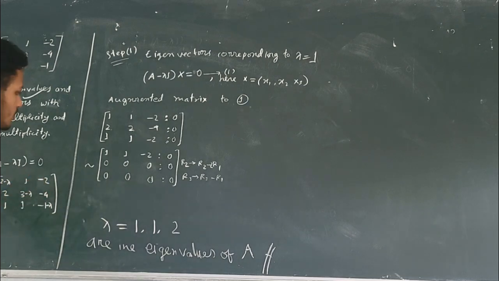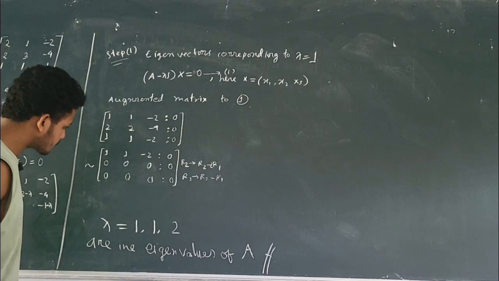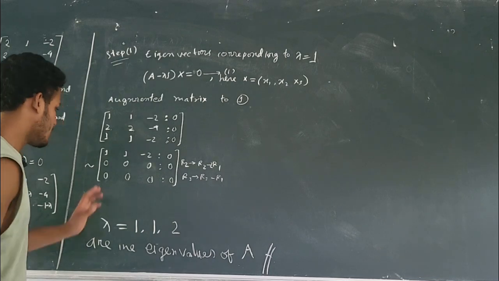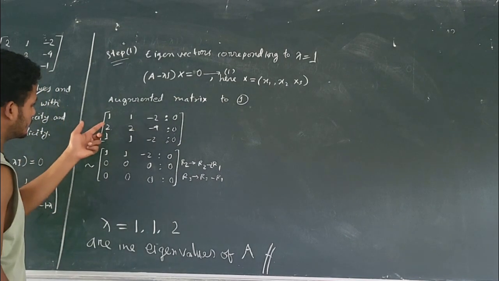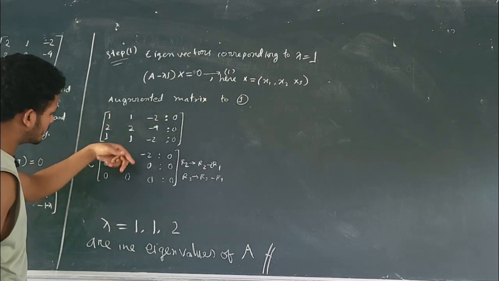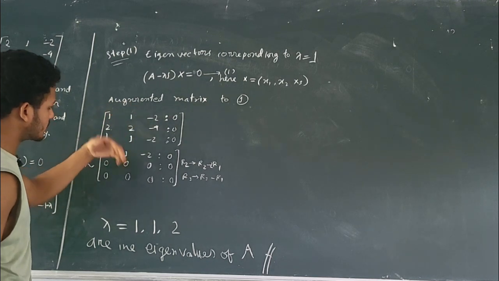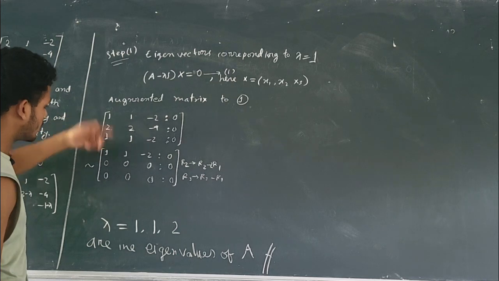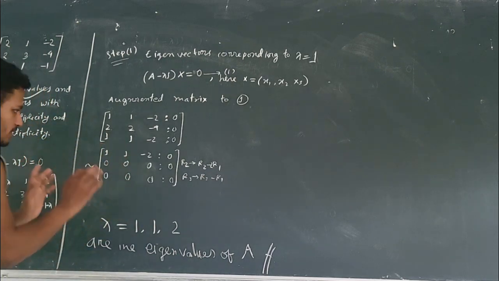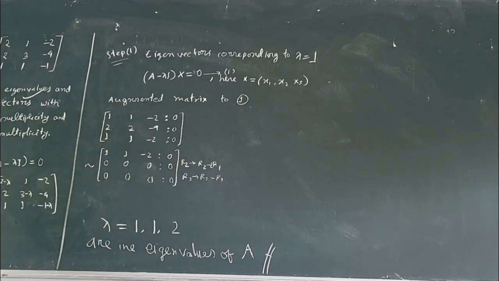No problem. 1 by 2, minus from this 2, 4 minus from this, and this is okay. So correct. Okay. So lambda is equal to 1, 1, 2.